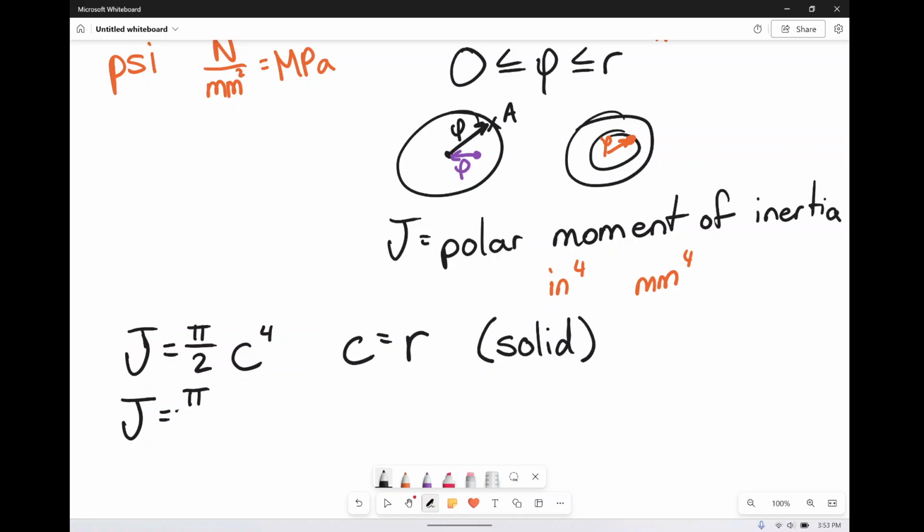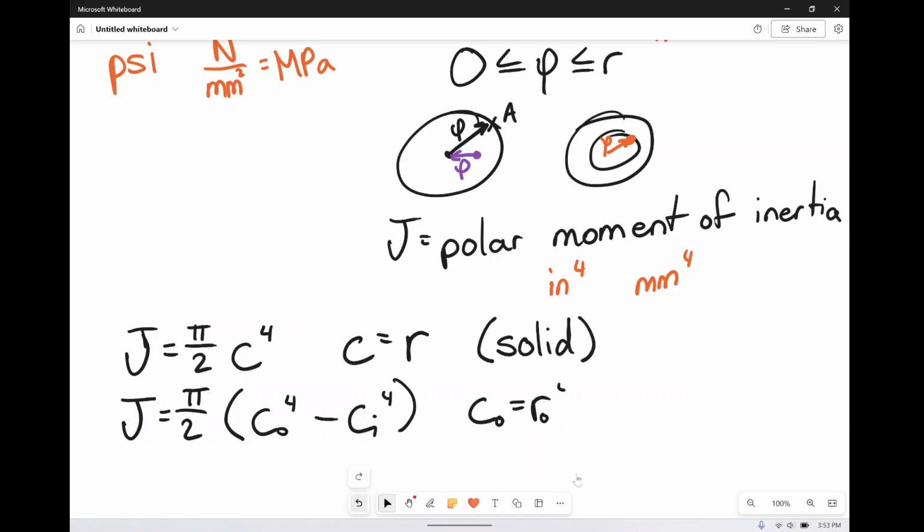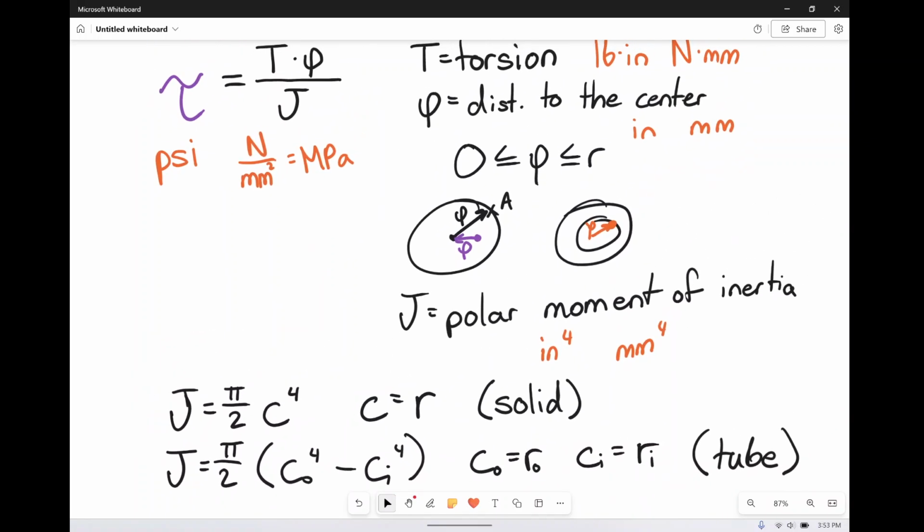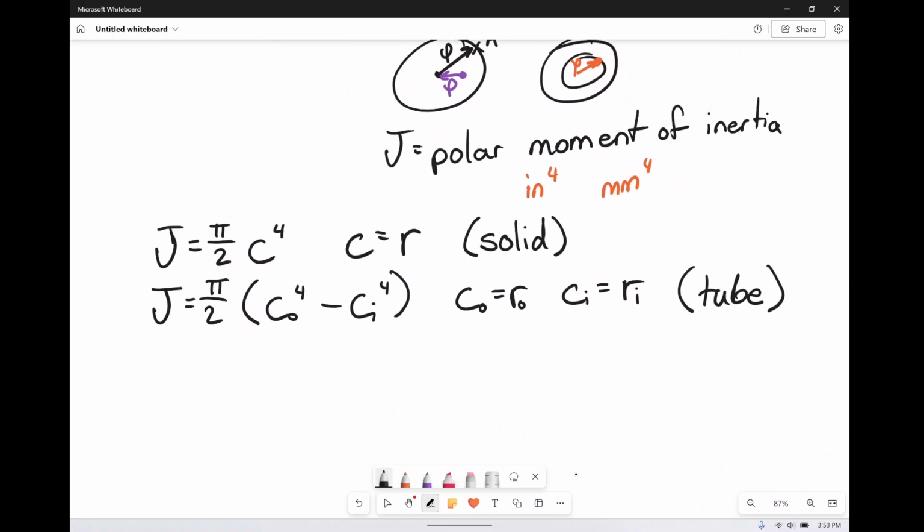If it's a tube, we have pi over 2 times the outside radius to the fourth minus the inside radius to the fourth. So c_o is the outside radius and c_i is the inside radius. And again, this is for if it's a tube. Really not complex, just a little bit of plug and chug, just a little bit different from what we've done before. So let's hop into an example.